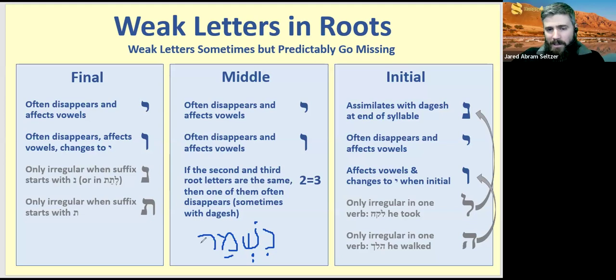You know, I guard myself, or sorry, he guards himself, or he is guarded. And if you put that yod at the front that says he will do it, then all of a sudden you get yin shamer. It's at the end of a syllable. So the noon of nifal will assimilate and you get yishamer.